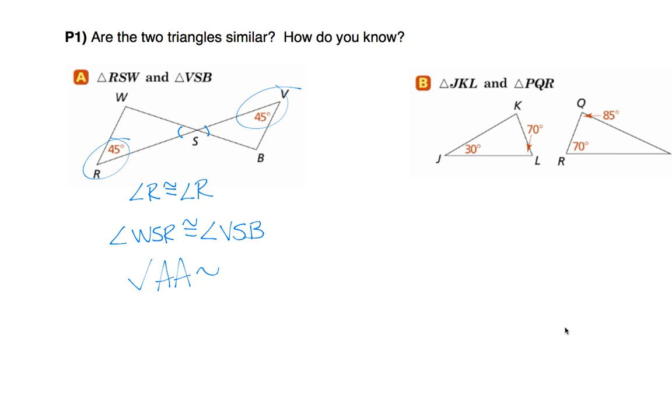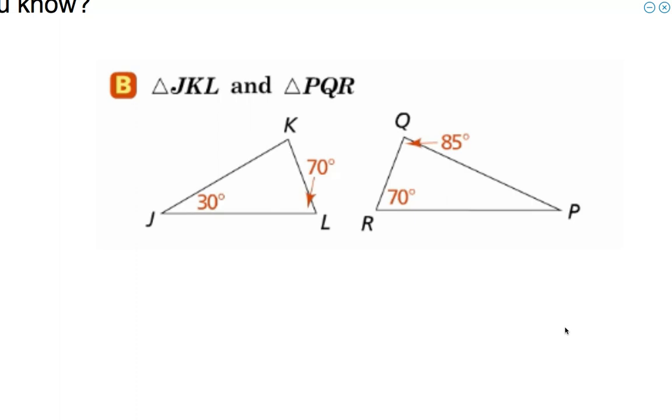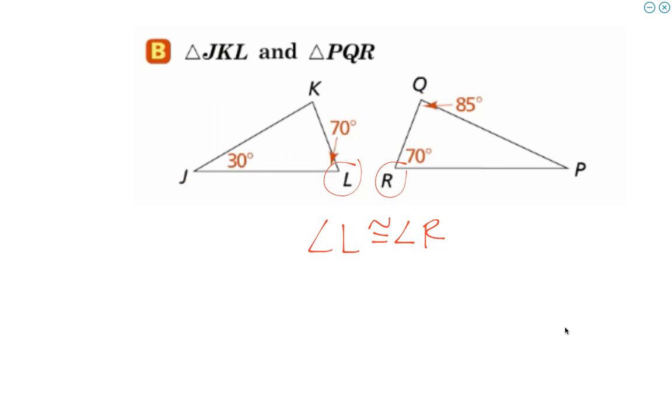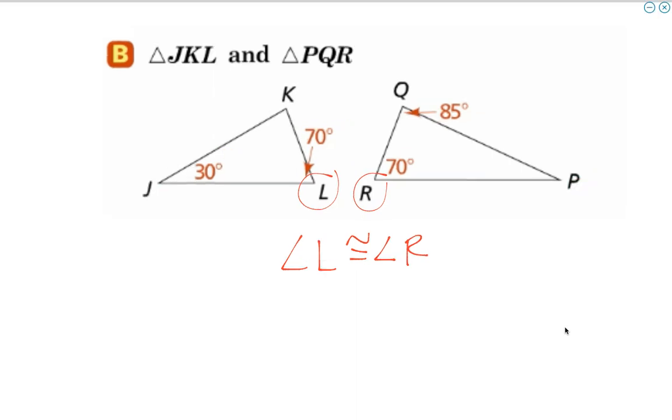Doesn't ask for a similarity statement, but it could. All right, L and R. And well, not J and Q, but maybe K is 85, maybe P is 30. You choose which one you want to expose. I feel like I have more room to work over here. So 180 minus 85 minus 70.